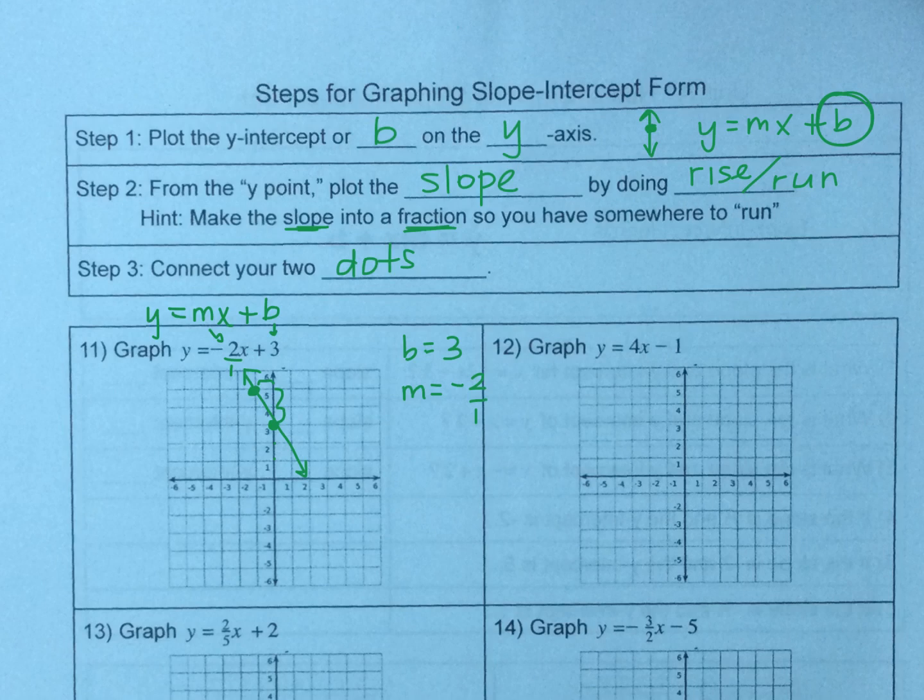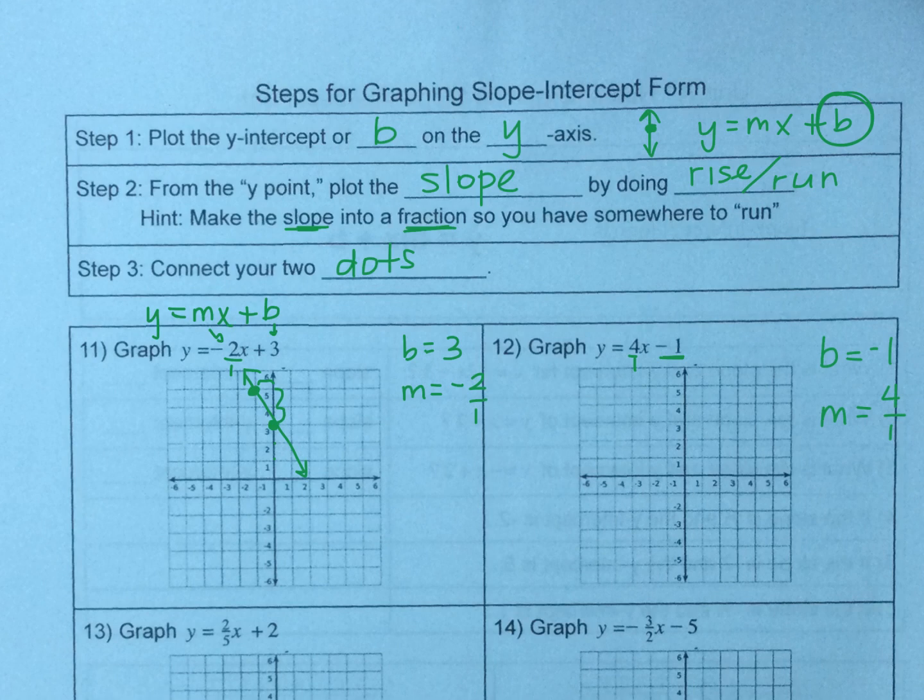Let's do the same thing with number 12. All right, first we need to figure out our b, and then we need to figure out our m, and then we need to graph them. Well, the b is the last part, which is a -1. Be sure it's negative. And the m, let's make that little guy a fraction, would be 4/1.